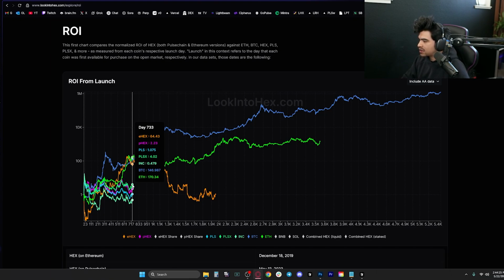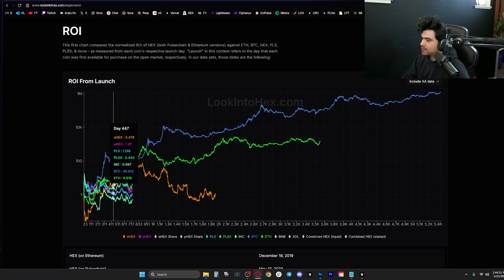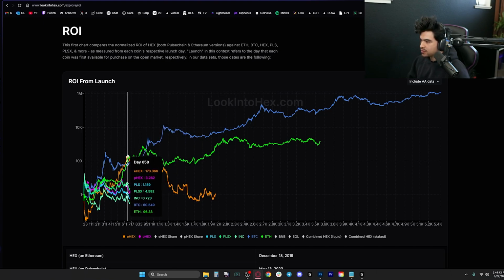Now, if you look at what HEX did last cycle, you can see that when it actually escaped this sort of 1 to 4x region was around day 400 or so, 470. And from there, we had our run up all the way up to say day 600 and something, where EHEX was at its top, right? 50 pennies per EHEX.